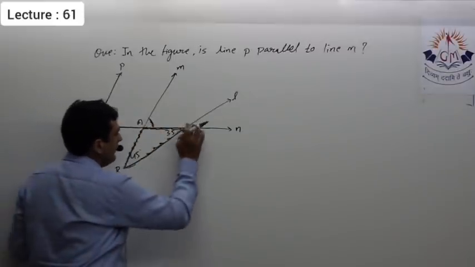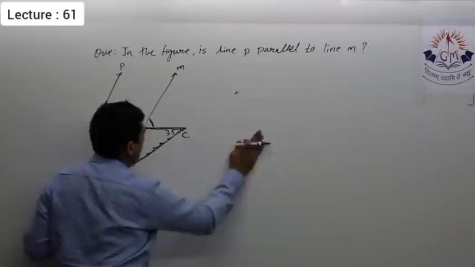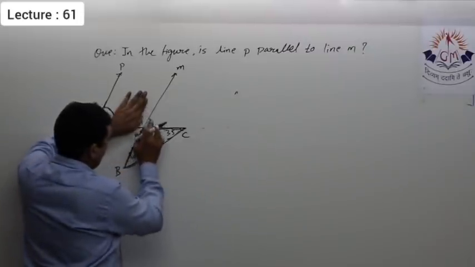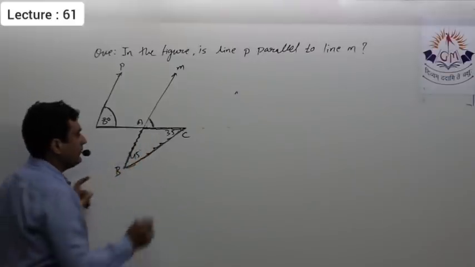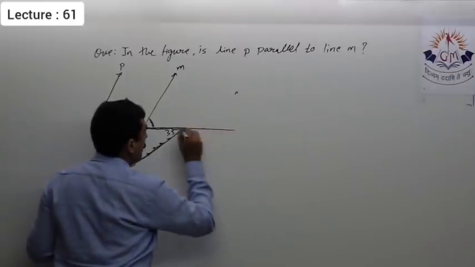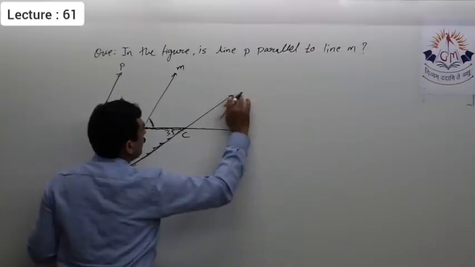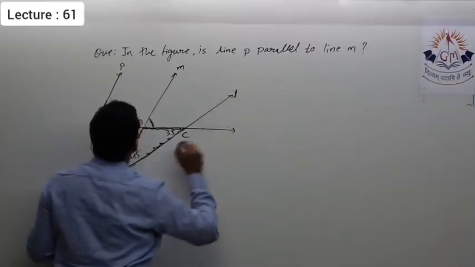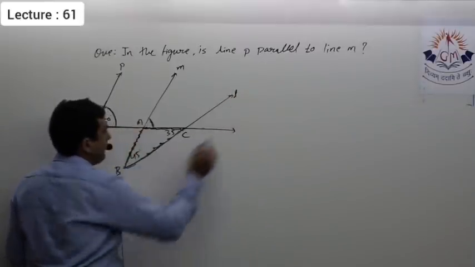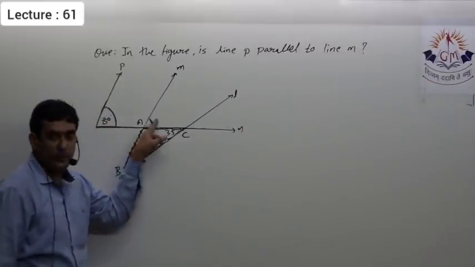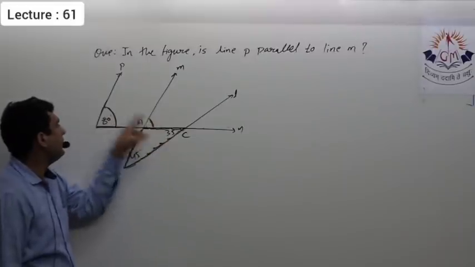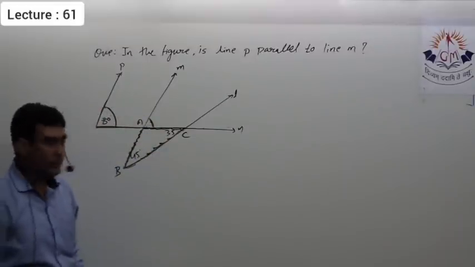Let us for a while suppose these two lines are not there, then you can easily check that this is the exterior angle. So the exterior angle is equal to the sum of opposite interior angles, which is equal to 80 degrees. So in that way we'll be able to get the measure of this angle, and again we will see that these two angles are equal, so P is parallel to M.